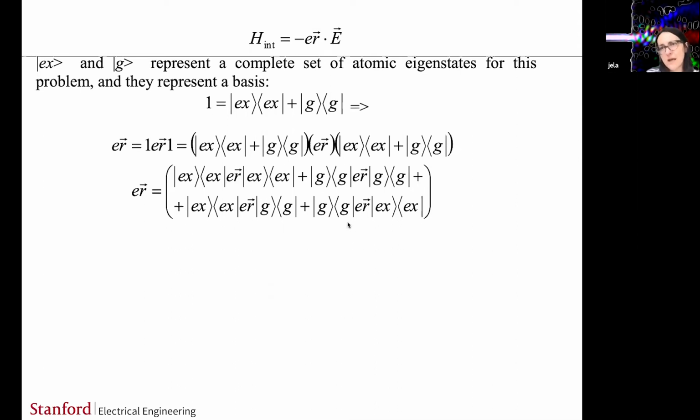And if you do quantum mechanics, you must have calculated things like that. So for example, here, this one would be the integral over the whole space of the wave function corresponding to the ground state of your atom, that's psi G complex conjugate, times ER, which is the term in between, and then the wave function corresponding to the excited state, which is psi E of R, right?